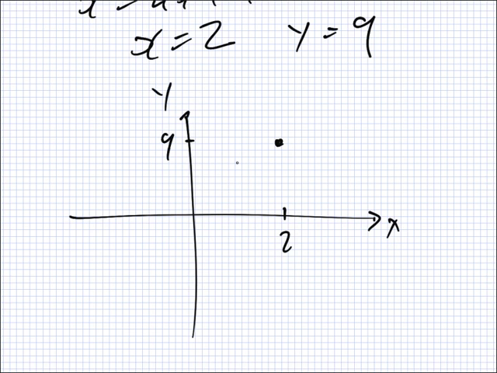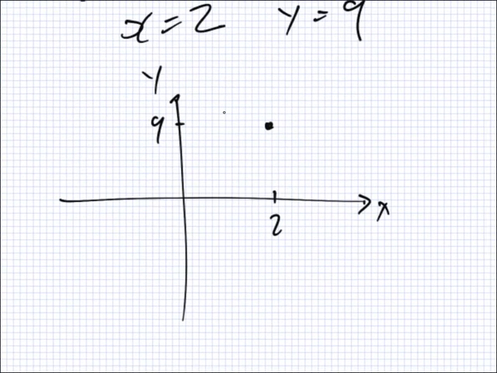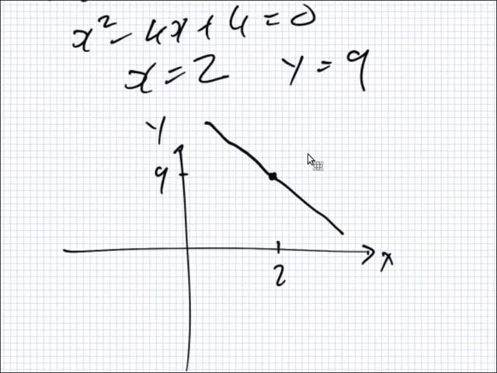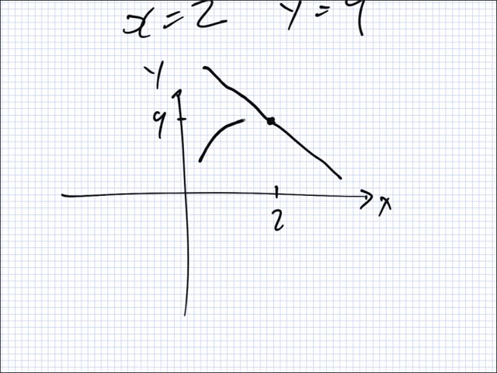So your line is going down, and your quadratic is downwards as well, so it must be something like this. Does anyone know the name of this situation when the line and the quadratic meet once?